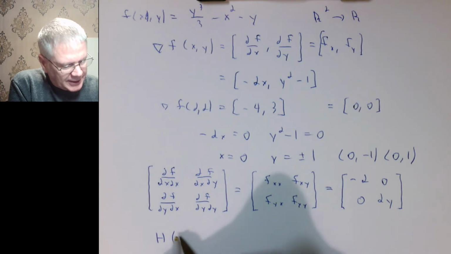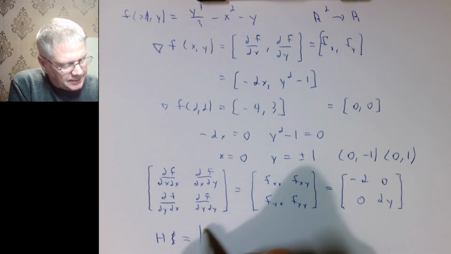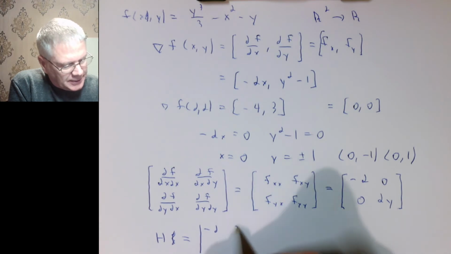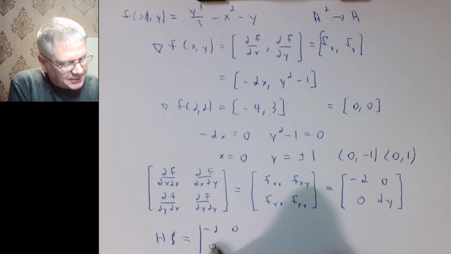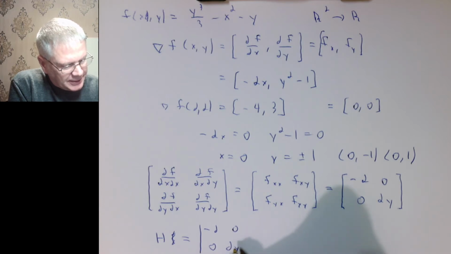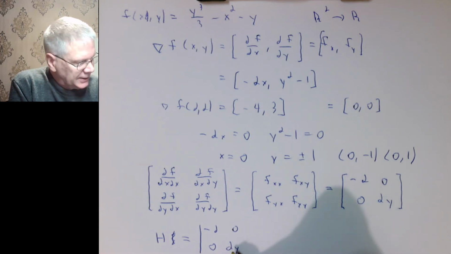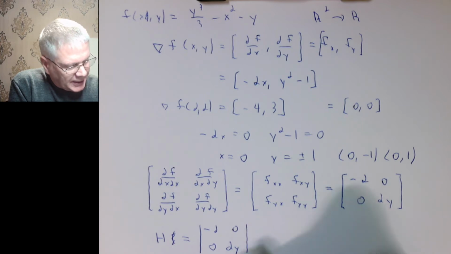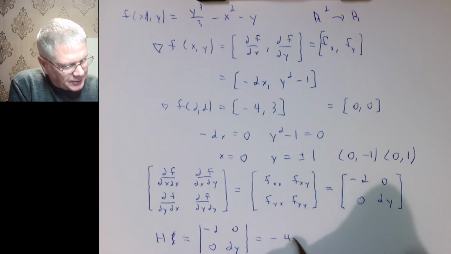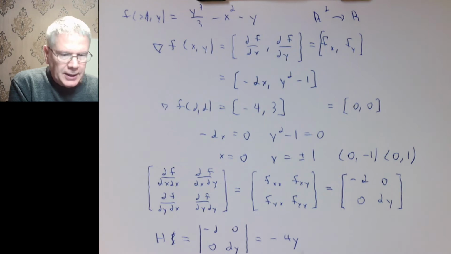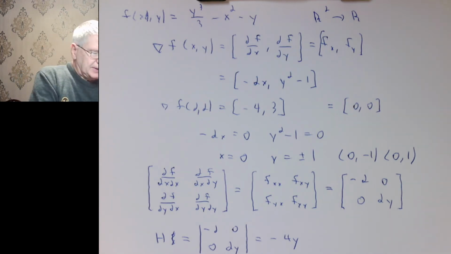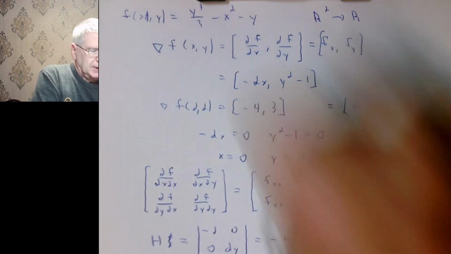Well, before we evaluate it, let's just go ahead and take H to be the determinant of that, which is sometimes referred to as the Hessian or the Hessian determinant. And that determinant is -4y. And I need to evaluate this at the points of interest.